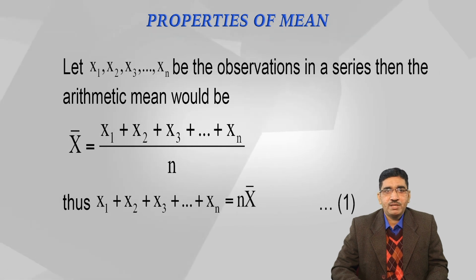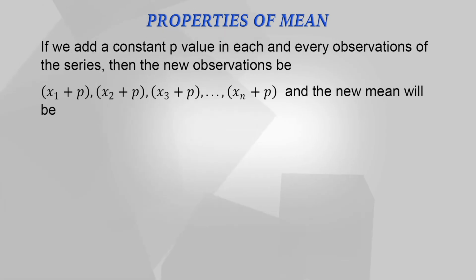Thus, from here we can see that the sum of all the observations x1 plus x2 plus x3 up to xn is equal to n times the arithmetic mean, that is x bar. Now, if we add a constant value p to each and every observation in the series, then the new observations will be x1 plus p, x2 plus p, x3 plus p up to xn plus p.